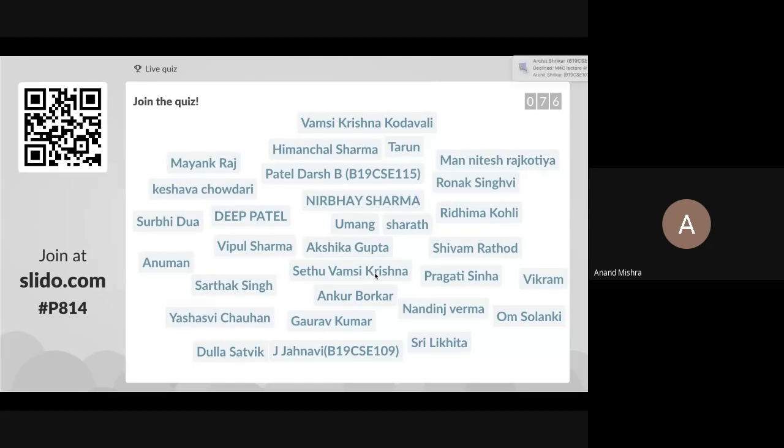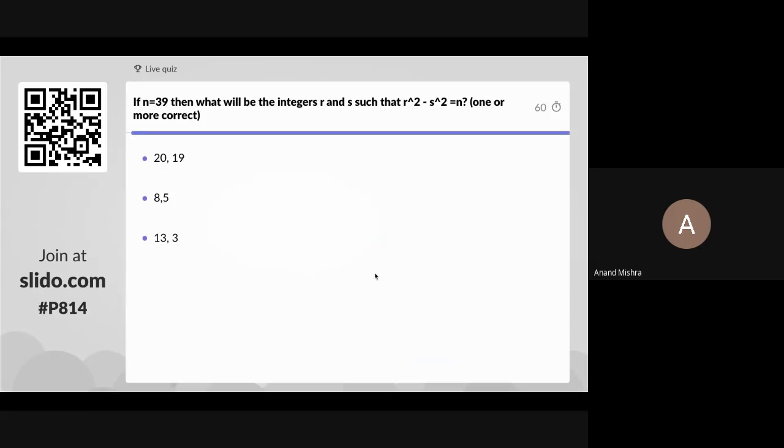Okay. So now this is the question. Just 60 seconds. If n is 39, then what will be the integers r and s such that r squared minus s squared equals n? Very simple, because if the options are given, you can just try.